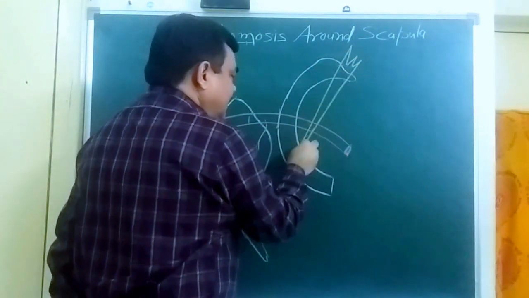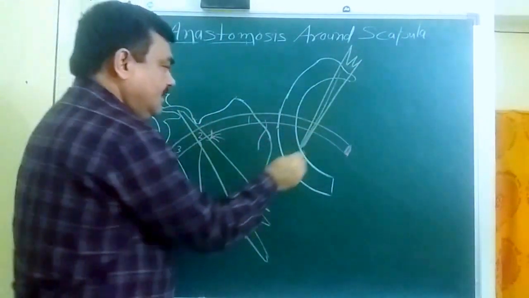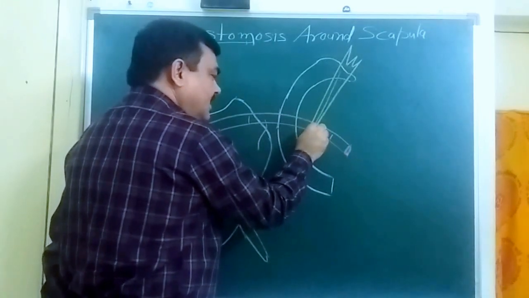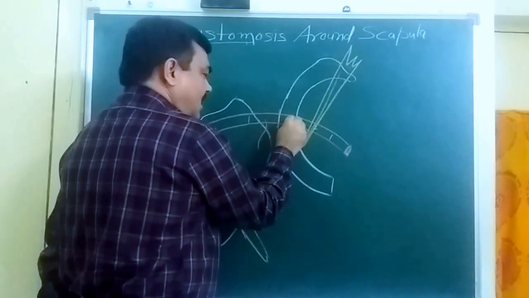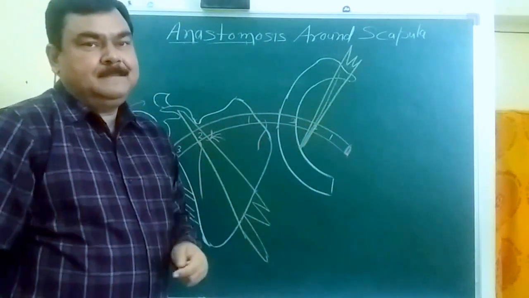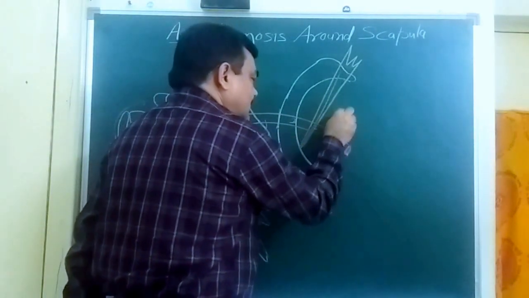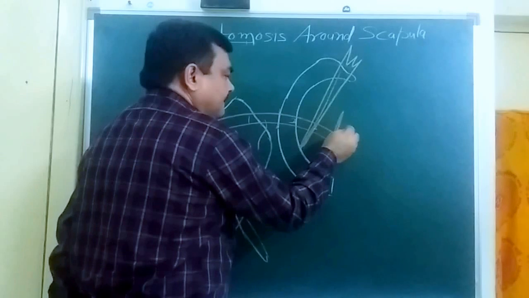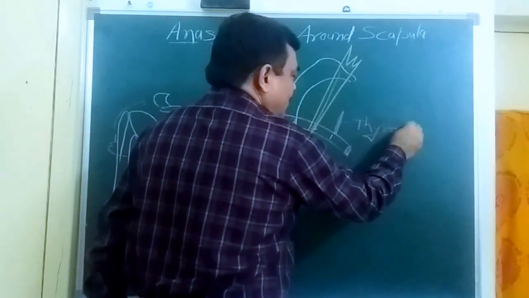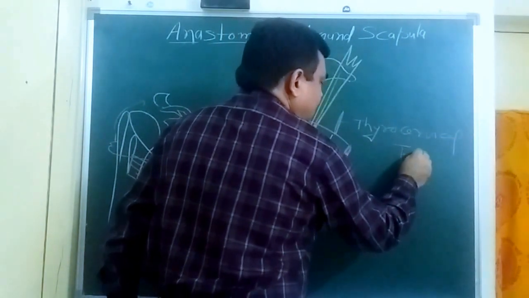The scalenus anterior muscle divides this artery into three parts. This is the first part, deep to this the second part, and distal to this the third part. The first part gives a branch known as the thyrocervical trunk.